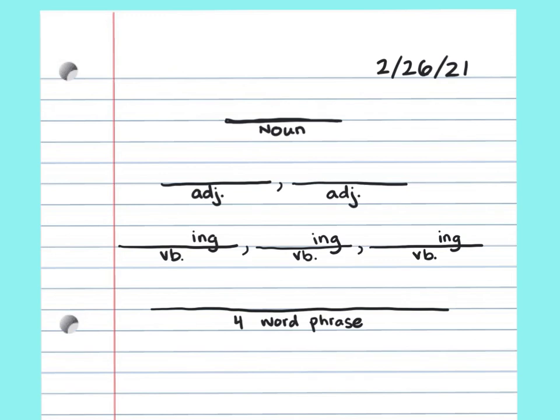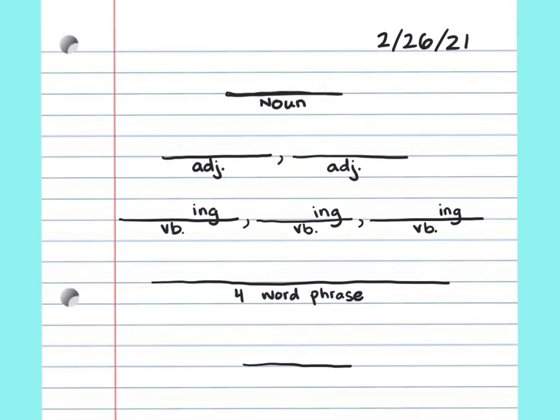And last, skip a few lines. Draw one last line in the middle, like that line we started with. And label this one also noun. And this one is going to be a synonym of your first noun.